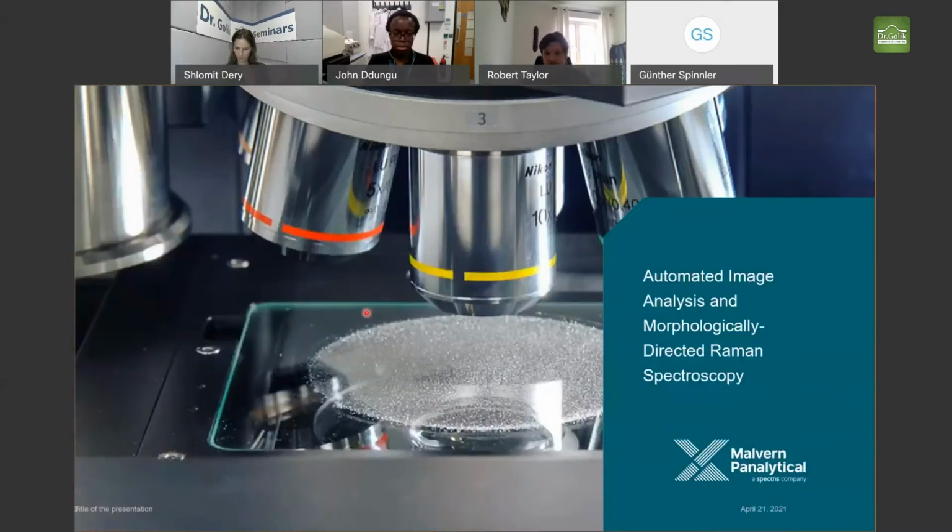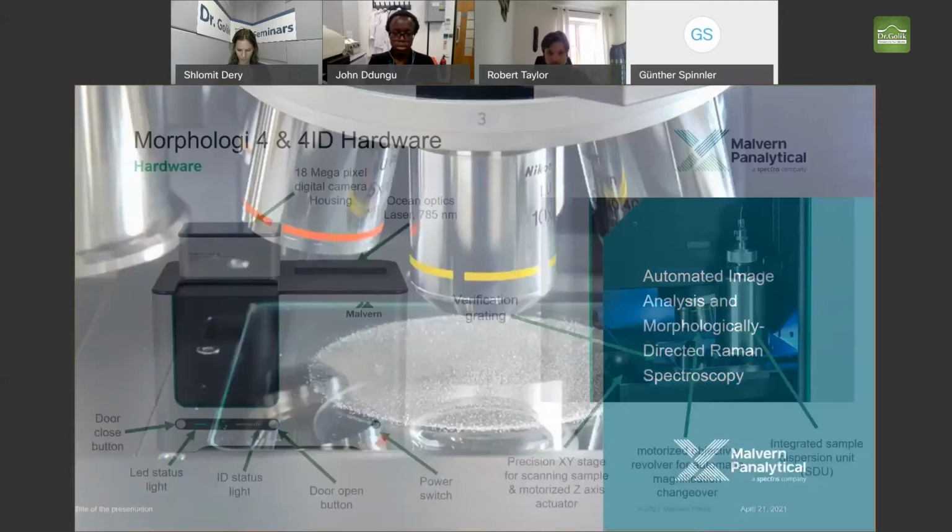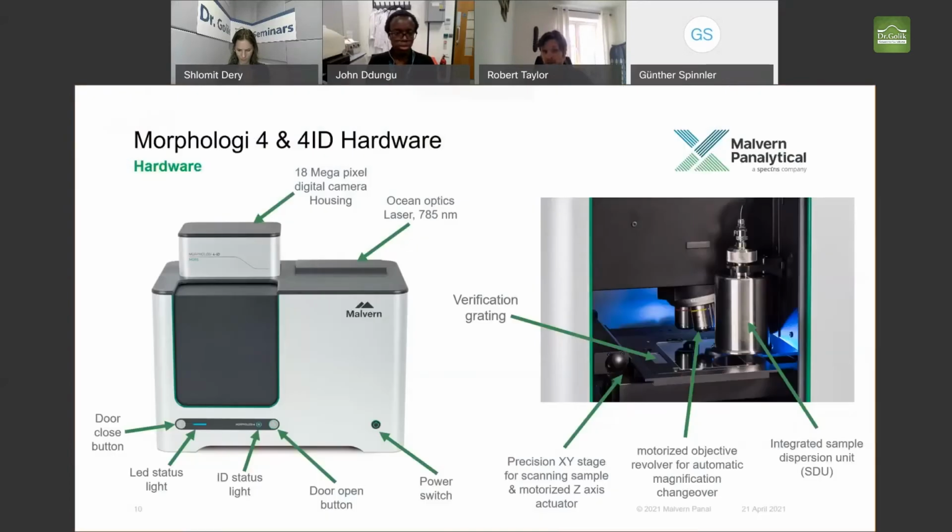The next technology and technique, I guess, is automated image analysis and something called morphologically directed Raman spectroscopy. So I'll describe that in a second now. Here's the technology. This is the Morphologi 4 and the Morphologi 4-ID. Effectively, it's a light microscope with automated XYZ stage and means to disperse your sample.